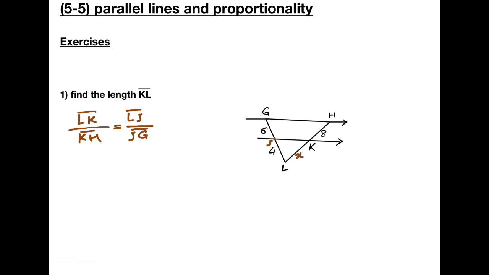Alright, so now let's replace the values. LK is X, we are going to find this one. KH is 8, equals LJ is 4 and JG is 6. So let's cross product here. We'll get 6x equals 4 times 8, 32.